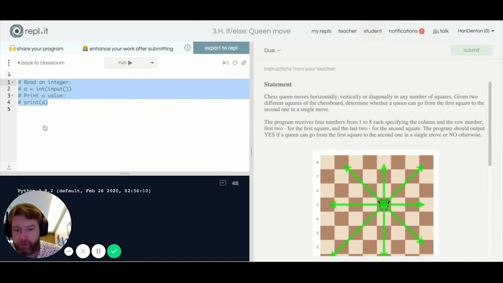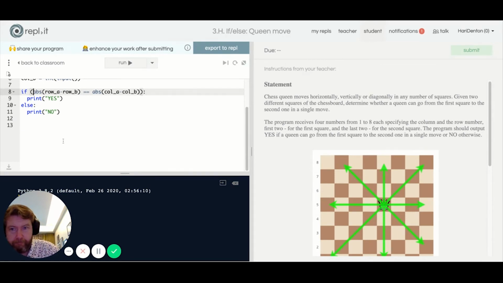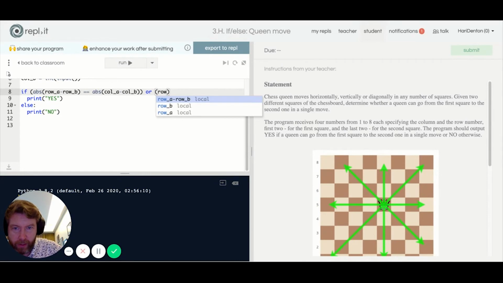So either the row is the same, so row A is equal to row B, or the columns are the same.